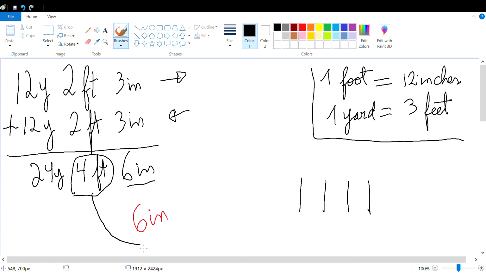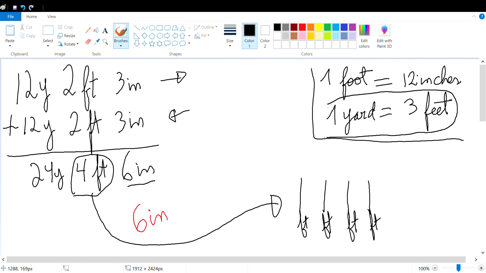I'm representing them here. 1 foot, 2 feet, 3 feet, and 4 feet. If my chart says that 1 yard is 3 feet, what I'm going to do is get 3 feet to convert these 3 feet into 1 yard.